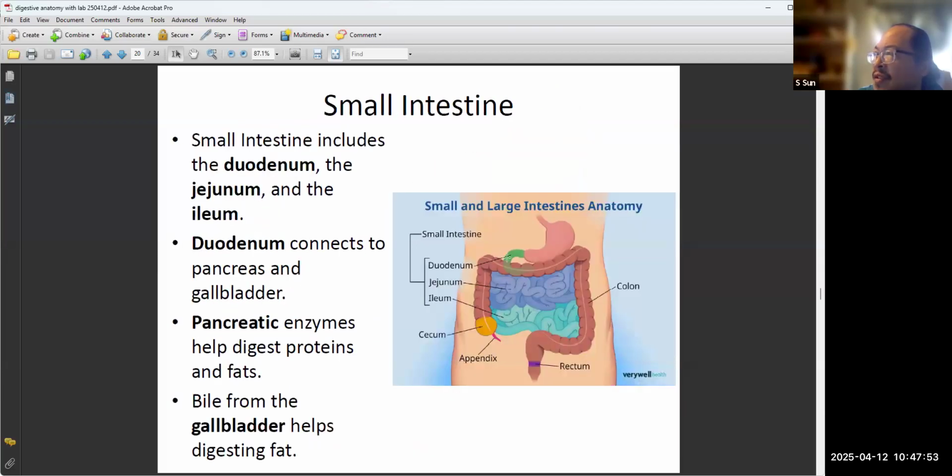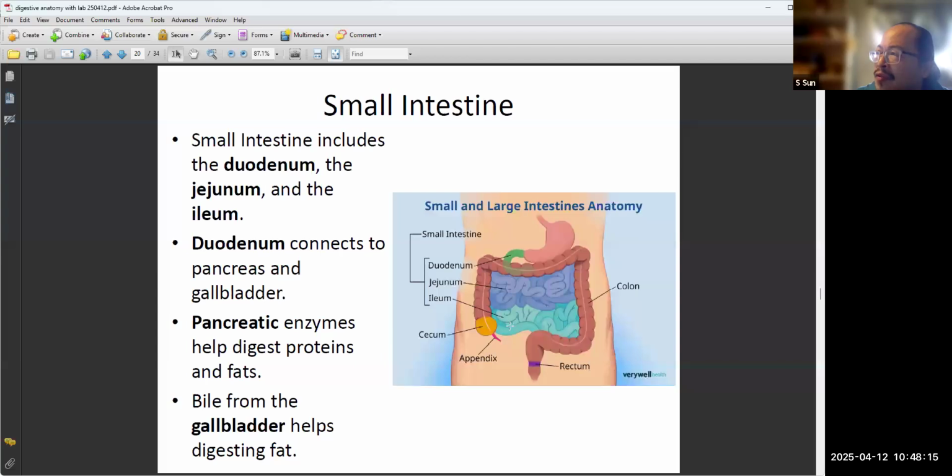The first one is duodenum, and then continue with the jejunum, and then the third part is the ileum. So that's the three segments of the small intestine, and that's how we label the small intestine over there.